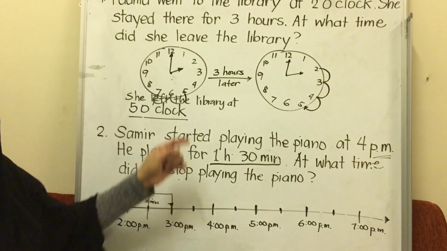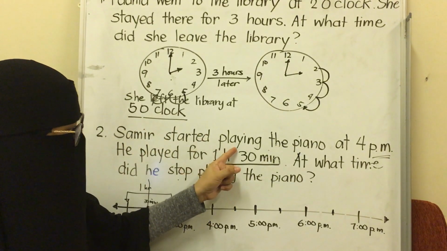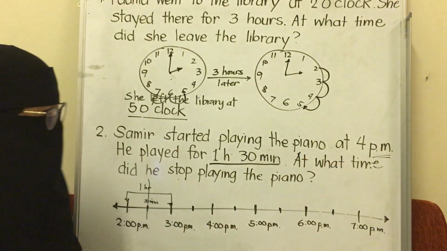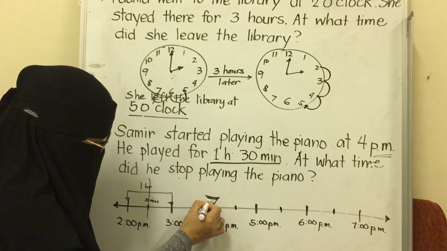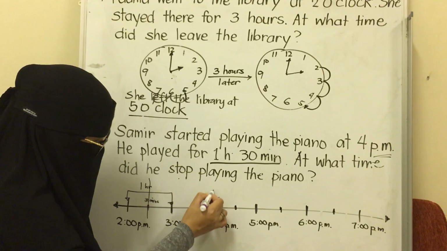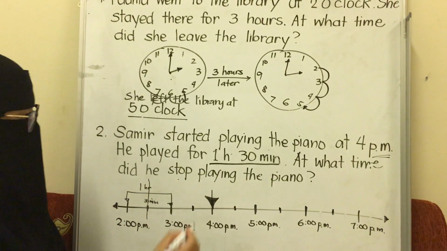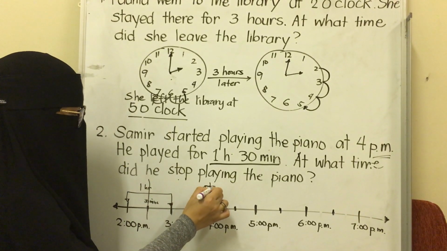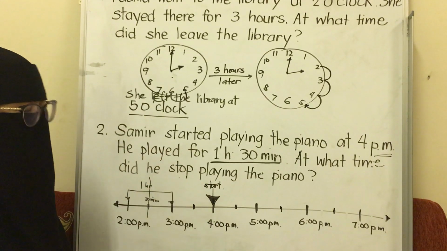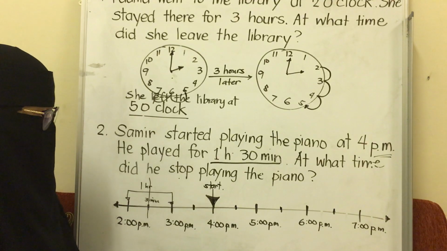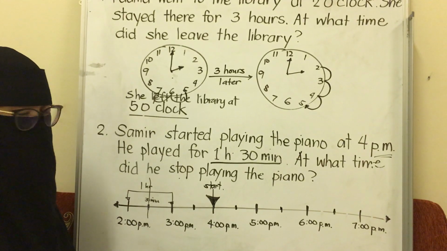Now it says here Samir started playing the piano at 4 p.m. So where is 4 p.m.? This is our 4 p.m. So he started playing here. Now he played for 1 hour and 30 minutes.